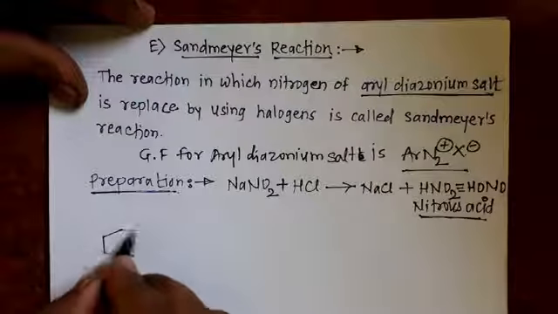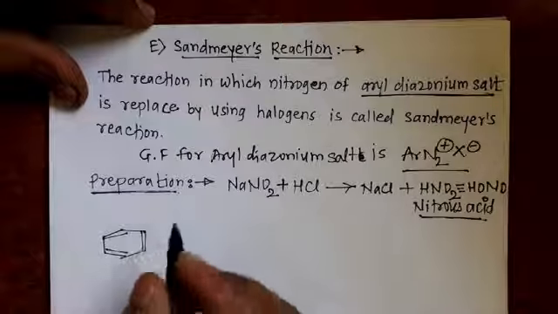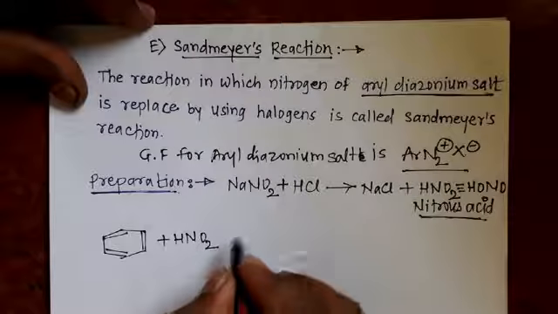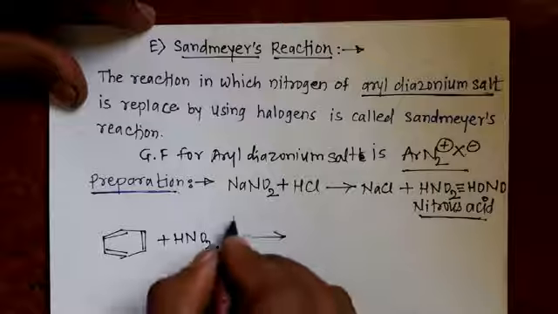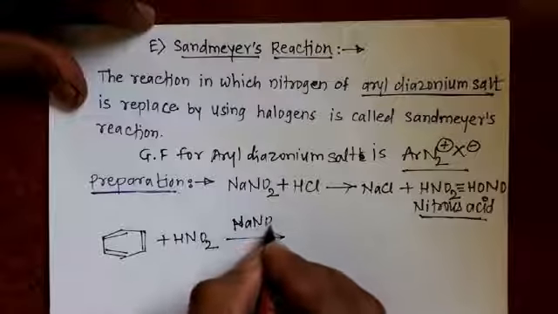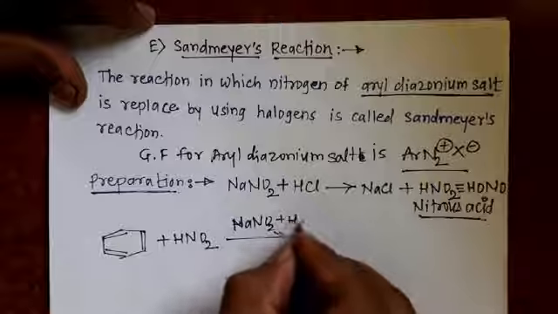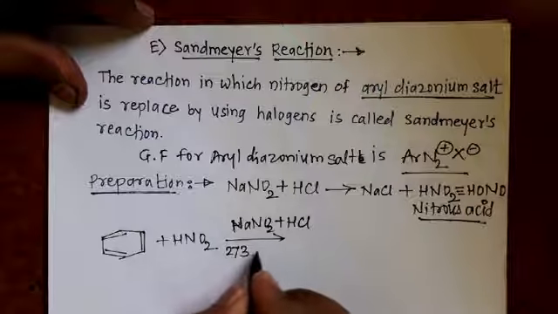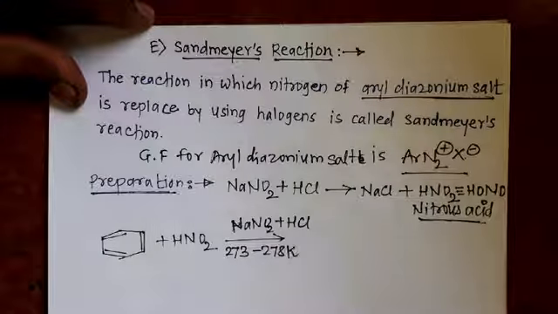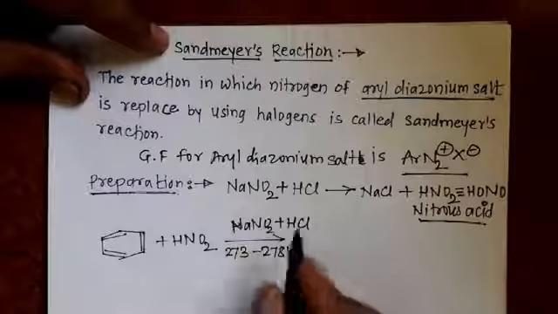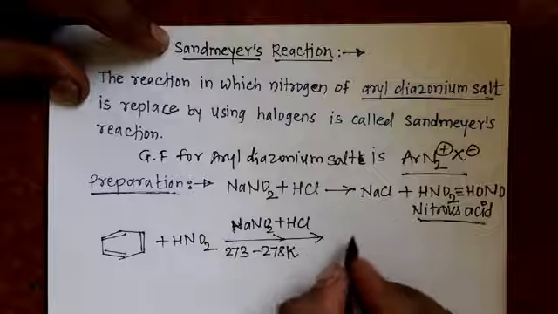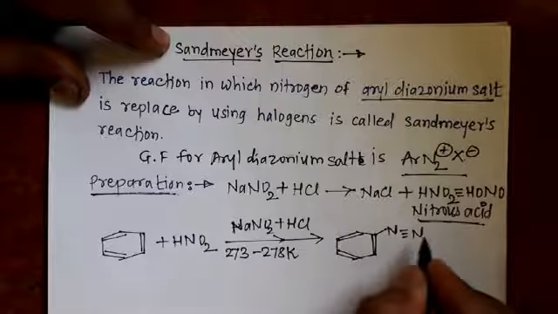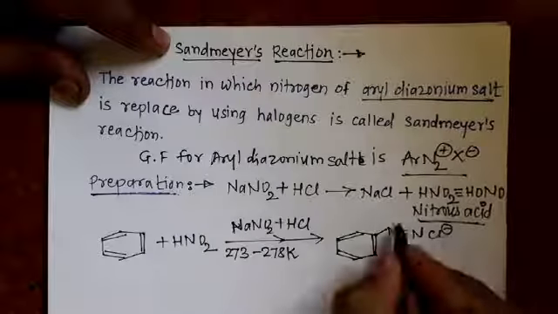Aniline, when treated with nitrous acid, which is prepared by using sodium nitrite and HCl at a temperature of 273 to 278 Kelvin, gives a product, benzene diazonium chloride.